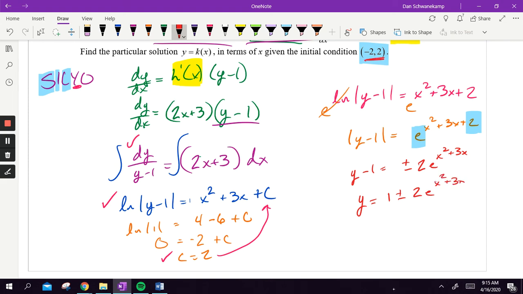All I need to do now is decide, is it positive or negative? And so if I plug in negative 2, that would get me 4. That would get me e to the negative 2. Sorry. I plug in negative 2.